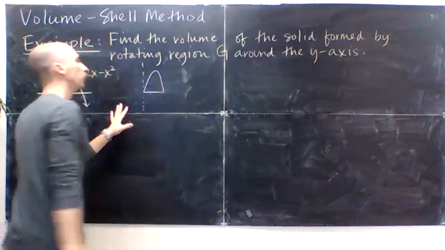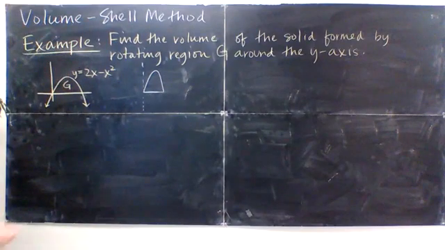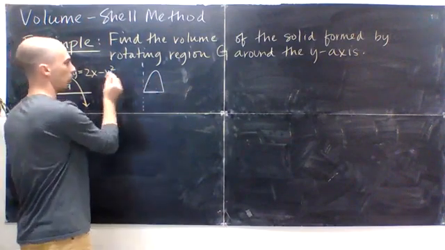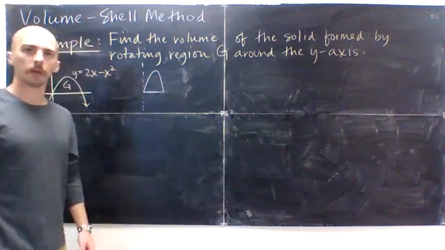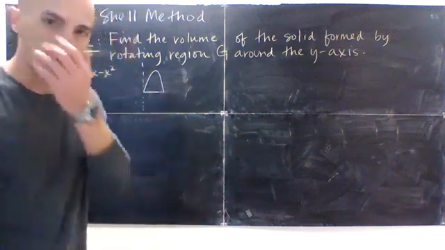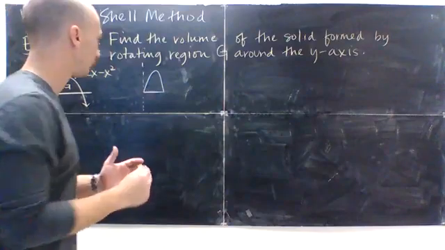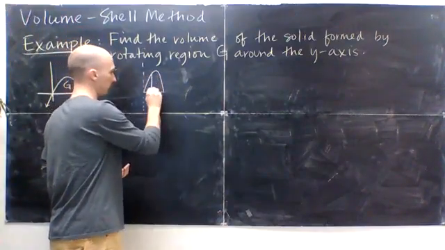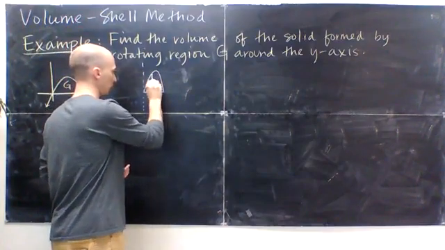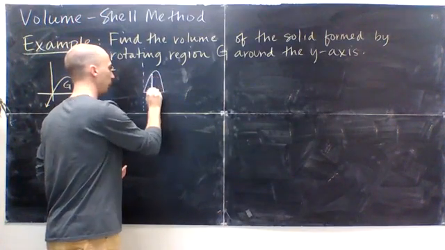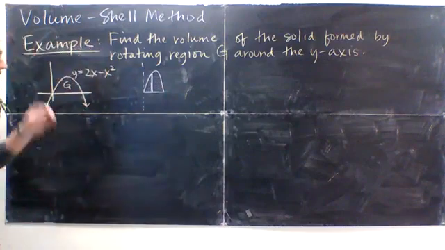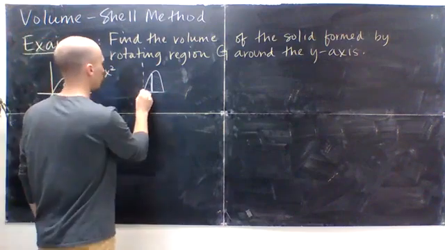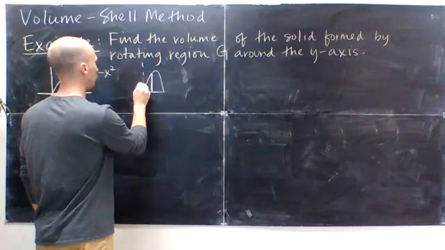Okay. So what we need to do is we're going to rotate this thing around the y-axis. And, as the name indicates, we're going to be looking at shells of volume. So what's going to happen is we're going to track the movement of this piece right here as it rotates around the y-axis.